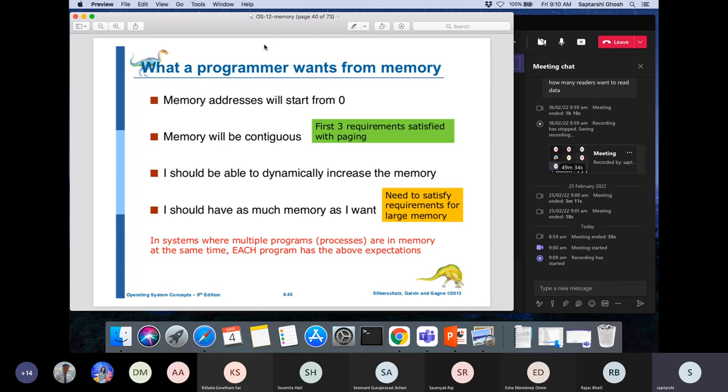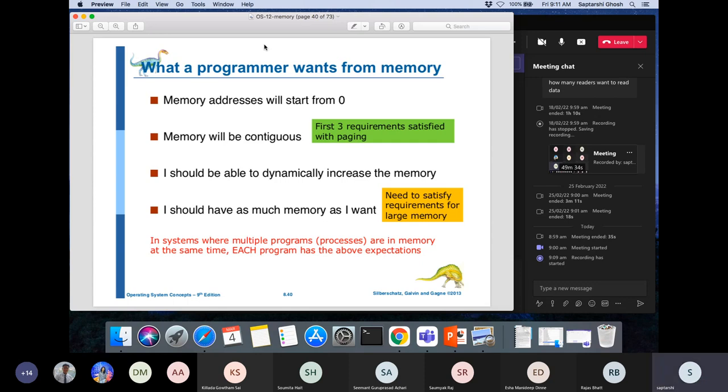This way, dynamic increase of the memory is also possible. The OS can just allocate a new frame to the process if the process wants more memory. So now that the first three requirements are satisfied, we go towards the fourth requirement, which is that as time passes by, processors require more and more memory. At one point of time, processors were happy with only a few MBs of memory.